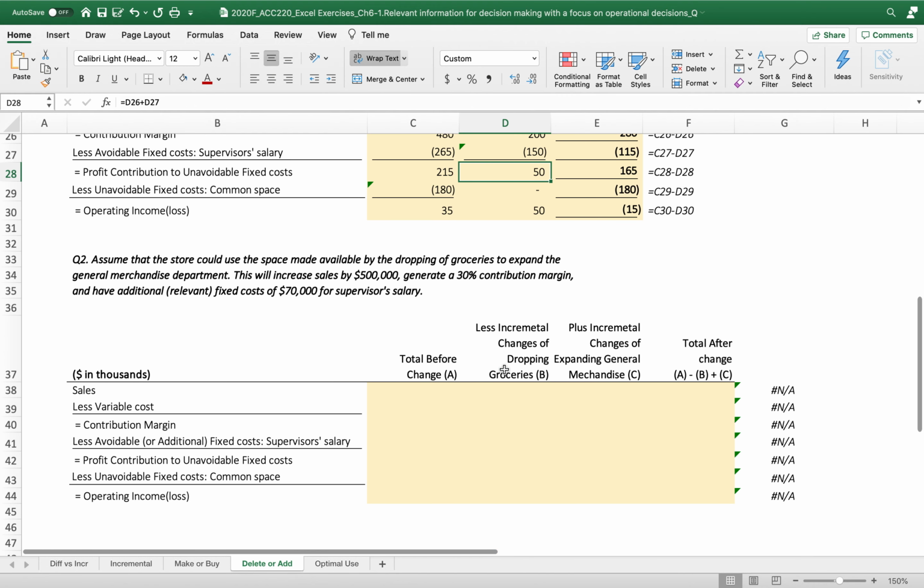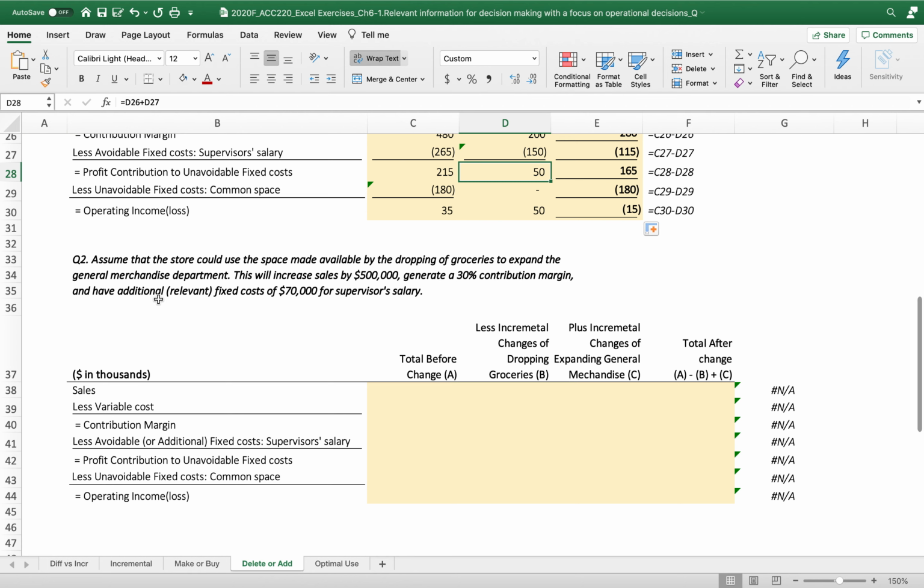Okay, then next, let's assume that the store could use the space made available by the dropping of groceries to expand the general merchandise department. Now, this will increase sales by $500,000. That is the relevant information, because it is incremental changes.